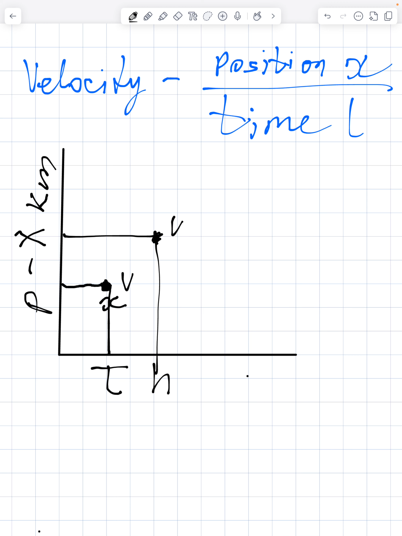So the point can be moving from 0 somewhere else in the graph. So it could be here, then it could be here. It could be the same point, by the way, not X, Y. Same point X is traveling somewhere. It could be down here. So the velocity could be 0, could be negative, or it could be positive.